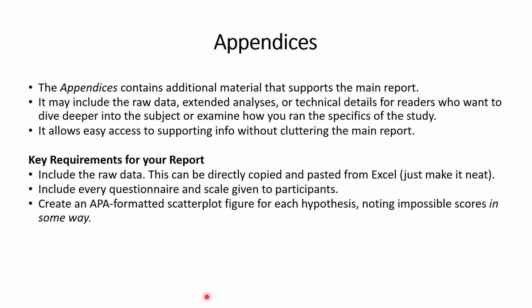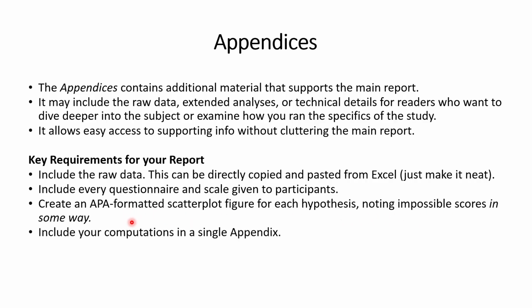In this note, you can indicate that impossible scores have been identified from this plot, for example the scores that are far away from the main cluster of points, or the scores that are past certain cutoffs. There's no need to recolor or reformat them in any way, so long as they're there and you mention that the impossible scores have been noted in some way.